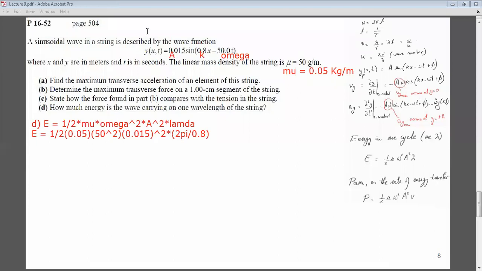Here I use the fact that lambda is equal to 2 pi over k. I just use the calculator and we get the energy the wave is carrying in one wavelength is equal to 0.11 joules.